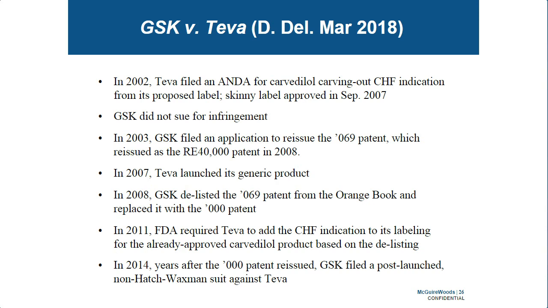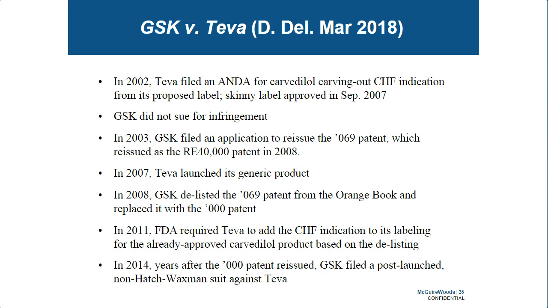At the time that Teva filed the ANDA, GSK did not sue for patent infringement. In 2003, GSK filed an application to reissue the 069 patent, meaning to correct the patent. There may be some errors in the patent, and they corrected it. Then this patent reissued as the 000 patent, in 2008. And there was no lawsuit.